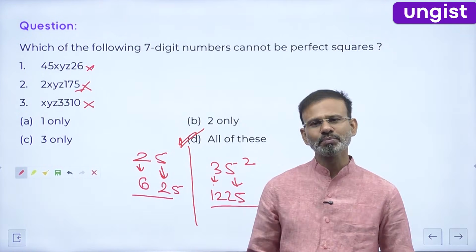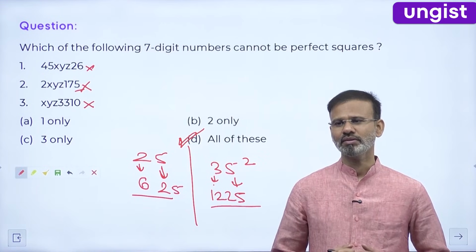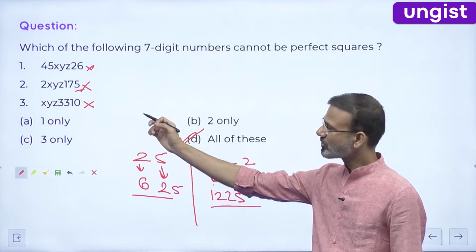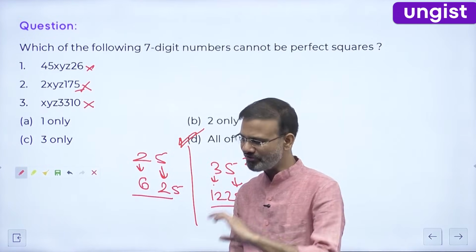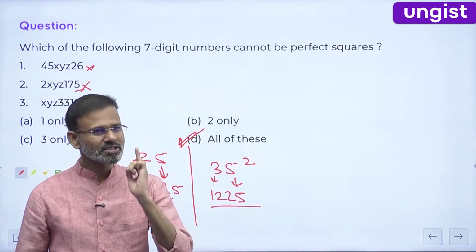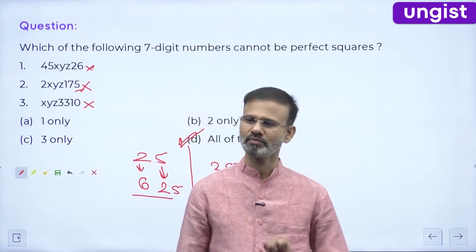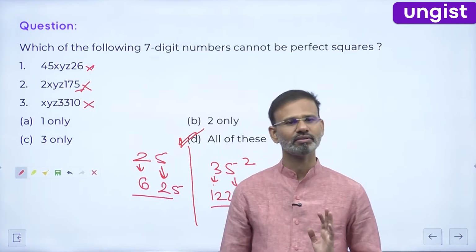They also need a smart candidate. Because here, they are not testing your ability to find perfect squares or square roots. They are testing your observation skills. Yes or no, everyone?